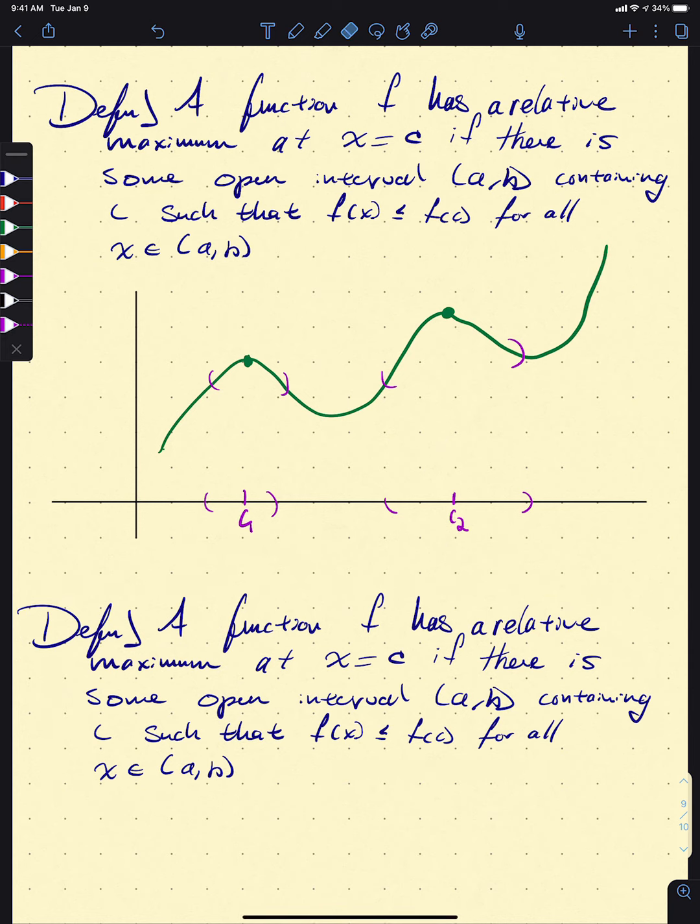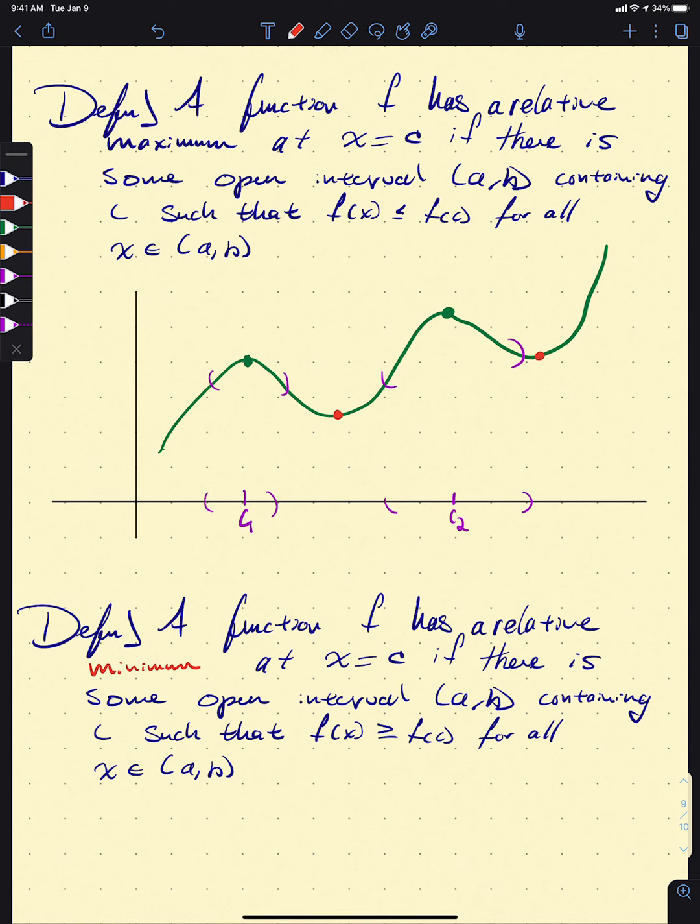So we're looking for a local minimum at x equals c, if there's some open interval, a and b, around it such that, and this is the other big change we make here, and it should track with what you would expect, f of x is greater than or equal to f of c for all x in that interval. And we would expect somewhere around there would be a local minimum.